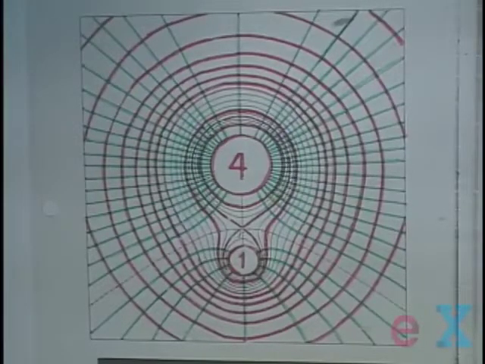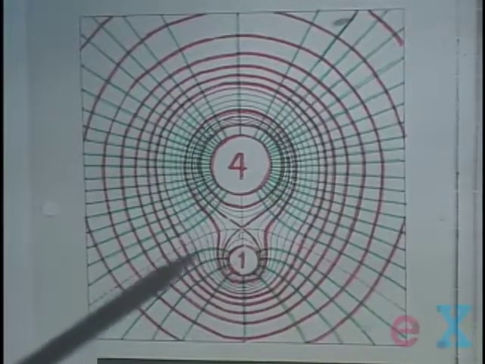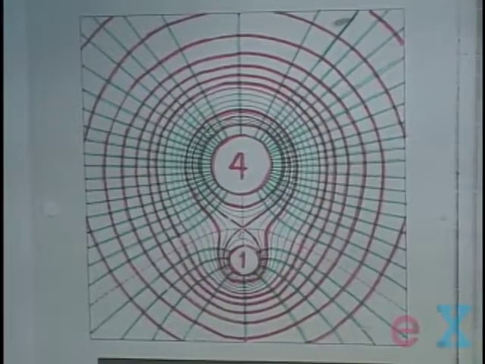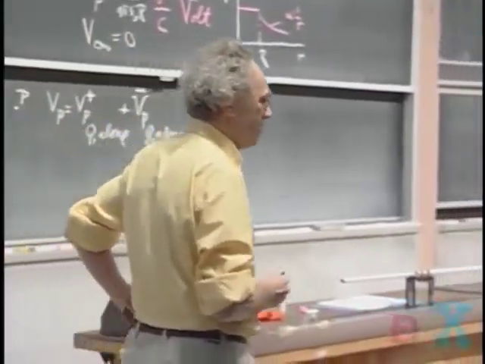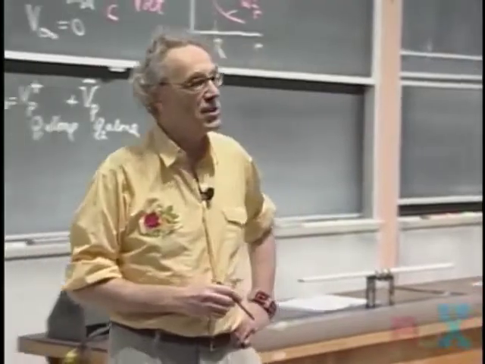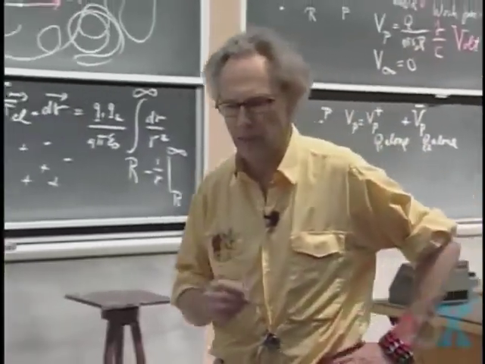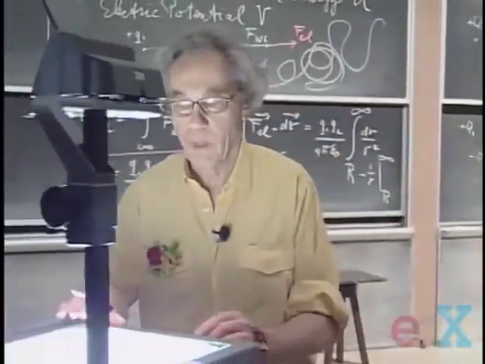It does not mean that you haven't done any work. So never confuse electric fields with potentials. I want to draw your attention to the fact that the green lines, the field lines, are everywhere perpendicular to the equipotentials. I will get back to that during my next lecture. That is not an accident. That is always the case.